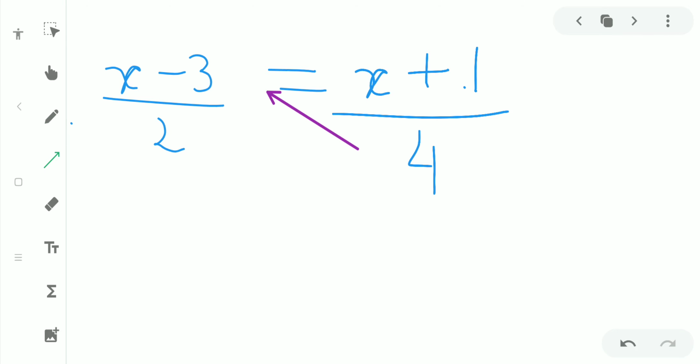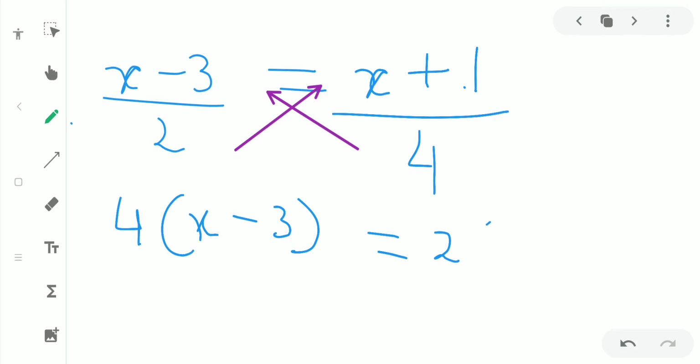Now let us cross multiply it. We will get 4 times x minus 3 is equal to 2 times x plus 1.